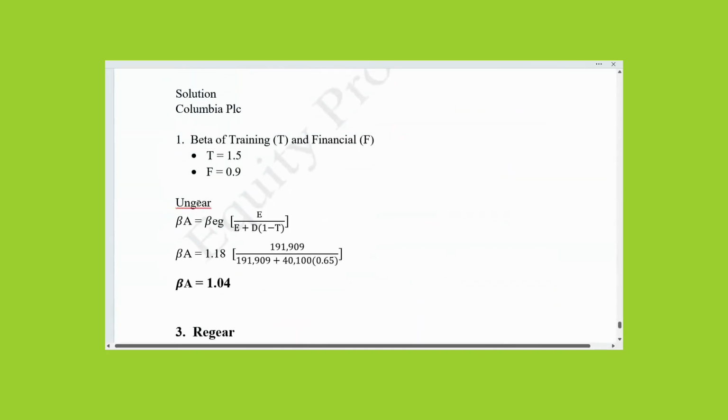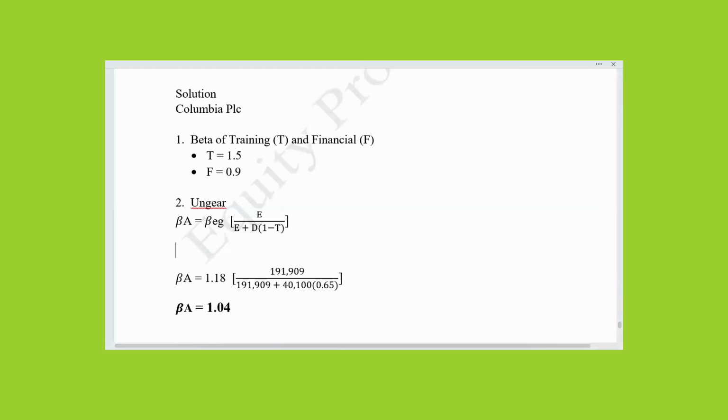So to ungear, this is step number 2. To ungear, we calculate asset beta, of course, you know the formula for calculating asset beta already.